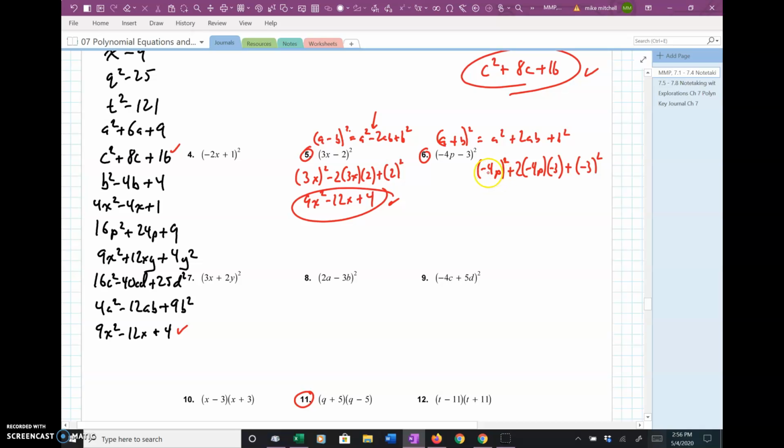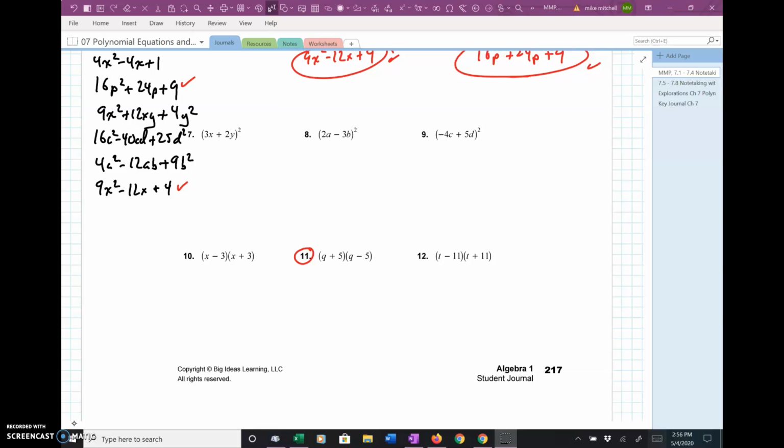So negative squared is positive, so I have 16p squared. Negative times negative is positive. 2 times 4 is 8. Times 3 is 24, so I got 24p. And then I have plus 9. And there's my answer there. This checks out. We're looking good.